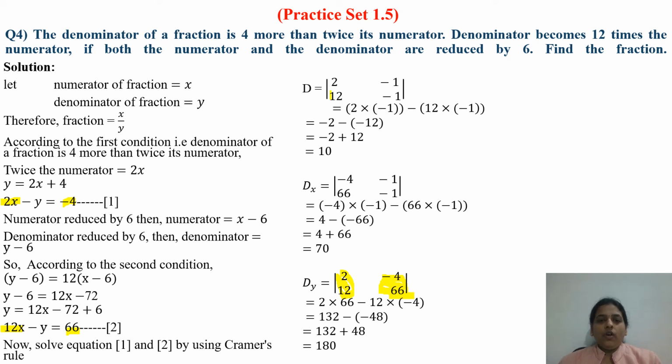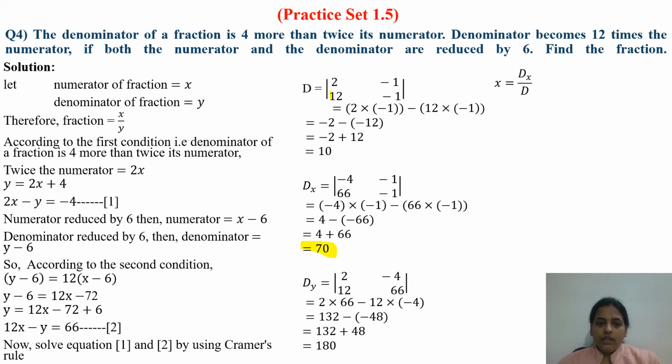So according to this, you calculate x and y. What is the formula to calculate x here? That is dx upon d. So instead of dx, you want to put here the value of dx. What is the value of dx here? That is 70.